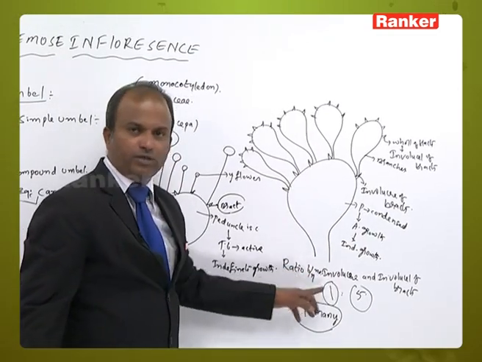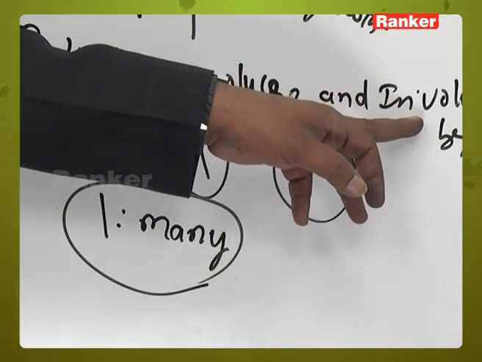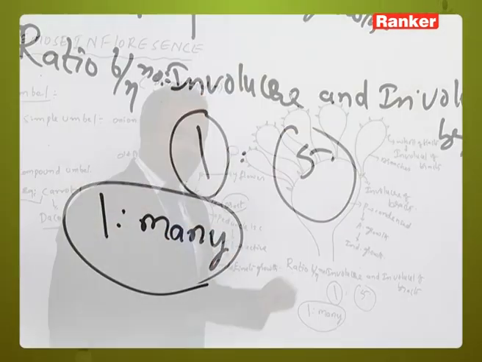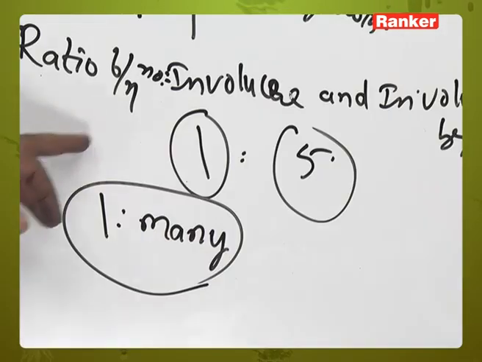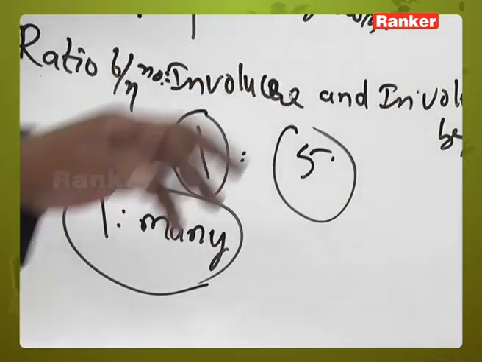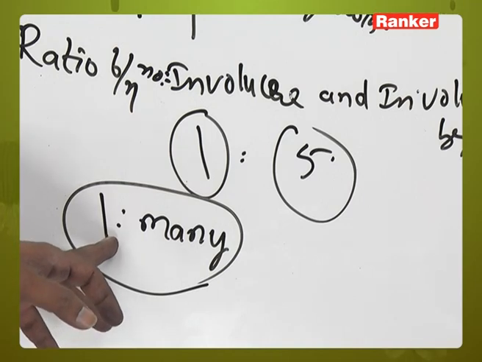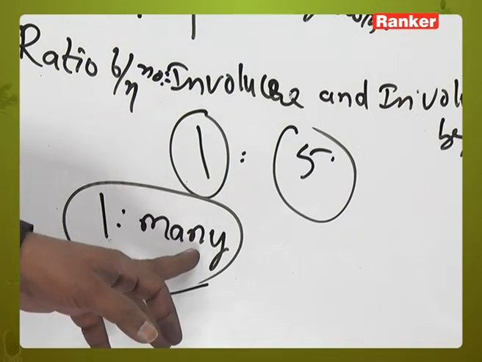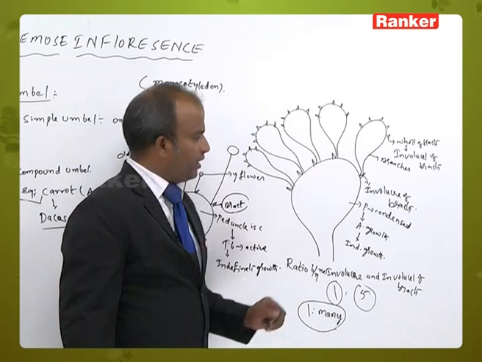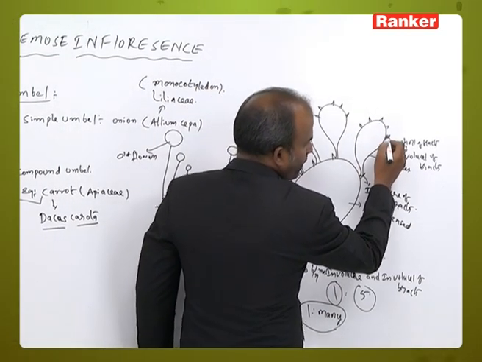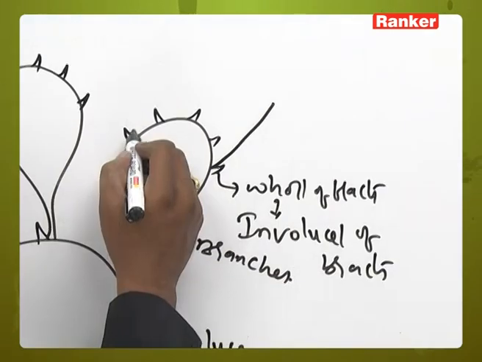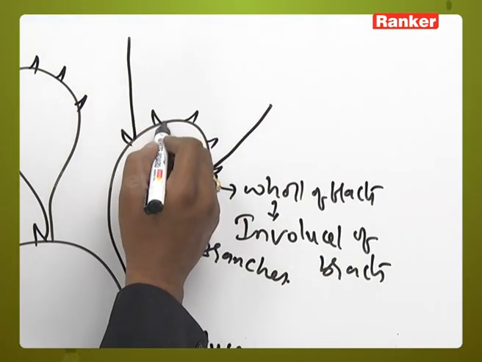But generally in a compound umbel, the involucre is only 1, whereas the involucels are many. Now each bract of the involucel develops numerous pedicellate flowers.